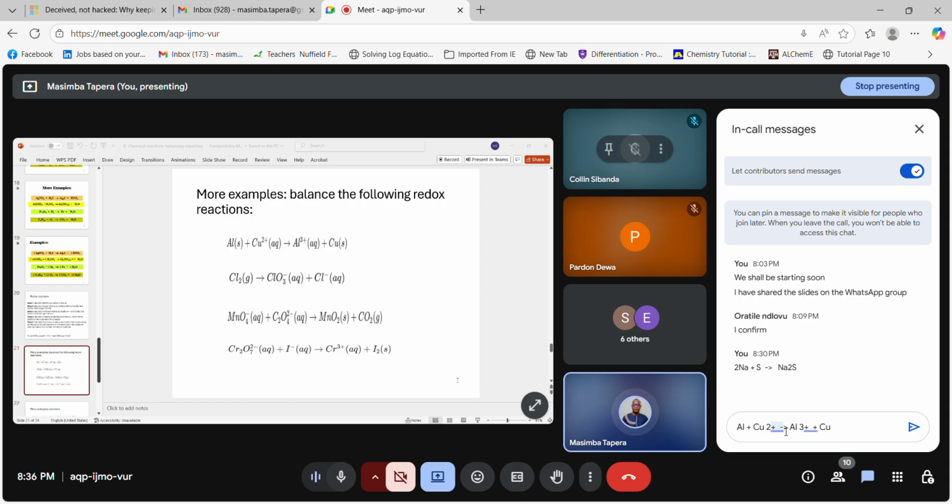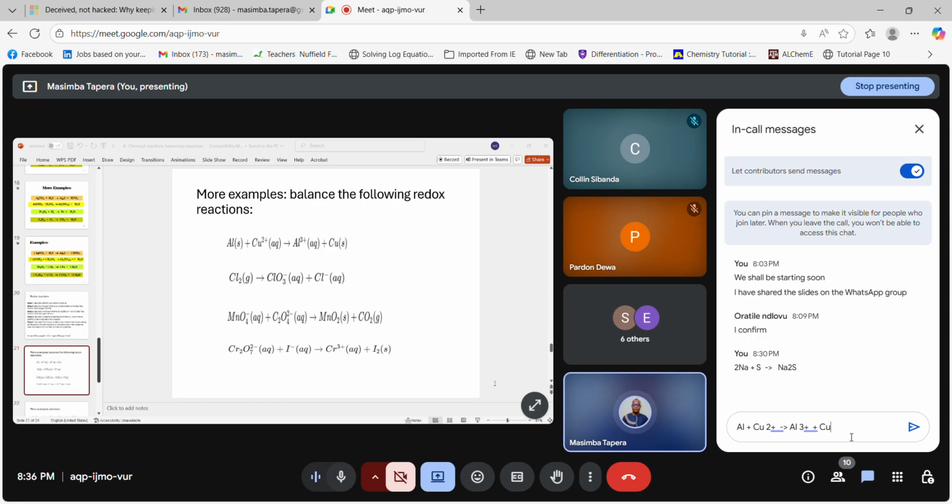I hope you guys are seeing the equation. I've tried to write the equation we have in the first example on the chat box. Unfortunately, these are types of questions that we might need to illustrate in person using maybe a whiteboard, but we can try to explain it in the most appropriate way.